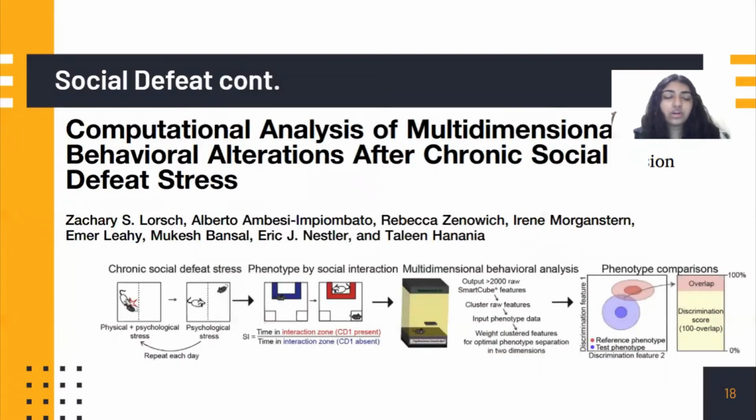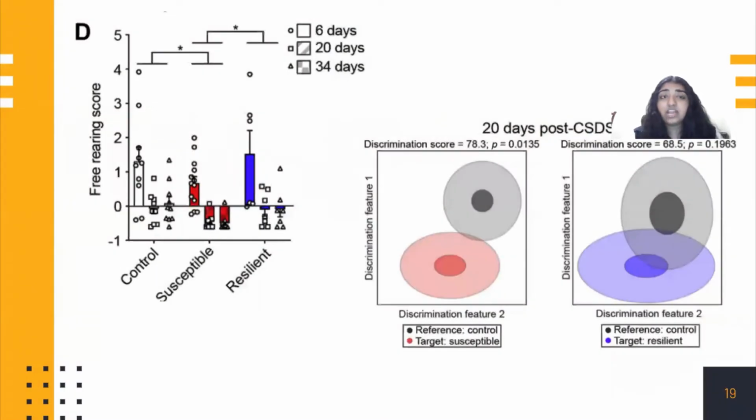So a really good study that employs this model is a study done by Borsch and their colleagues, which computationally assessed the multidimensional behavior alterations after chronic defeat stress. The thing to note from this is that it was all computer generated.